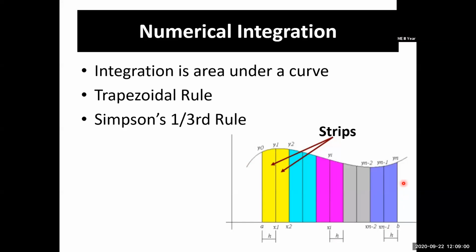You calculate the area of each of the 10 strips, then add them all together, and it will give the area under the curve. Clear?